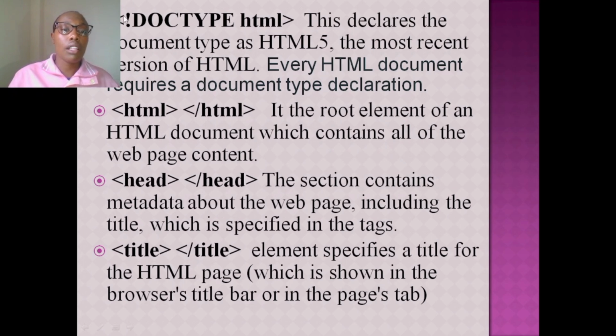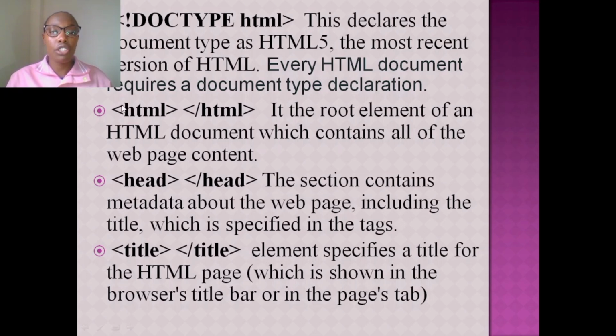We have one, the document type HTML. You can see it is enclosed in these brackets. This tag declares the document type as HTML5, which is the most recent version of HTML. Every HTML document requires a document type declaration, and that document type declaration is this tag.